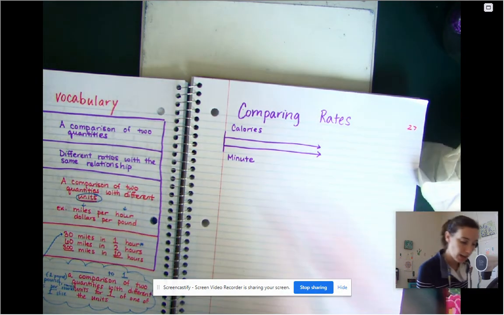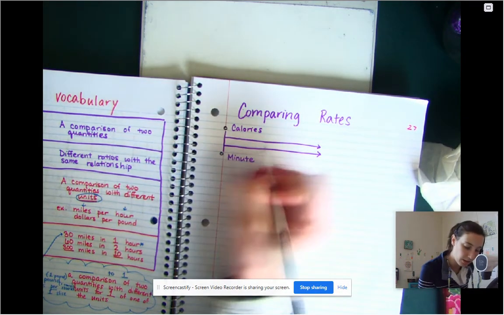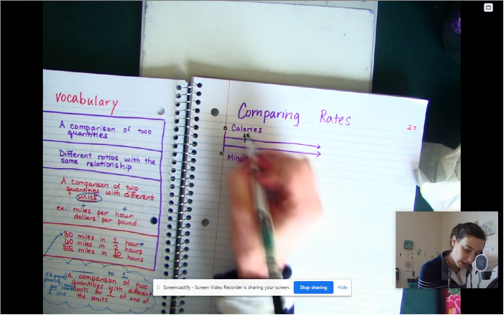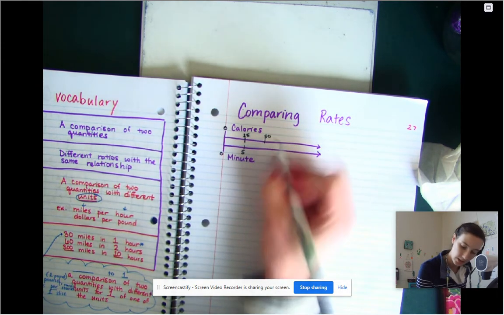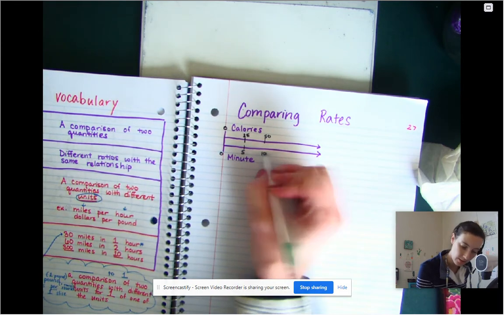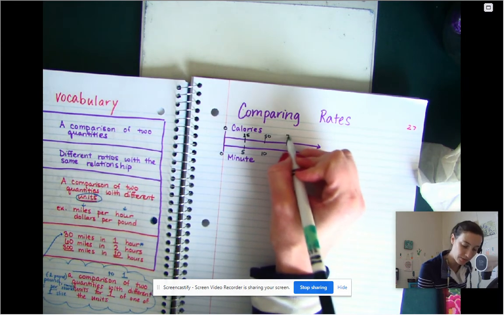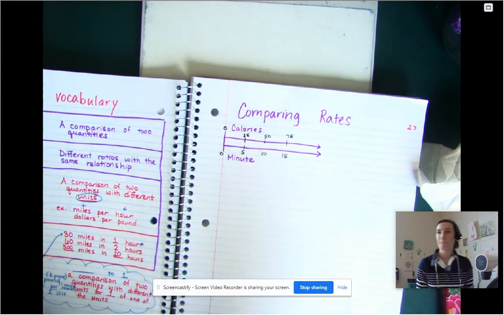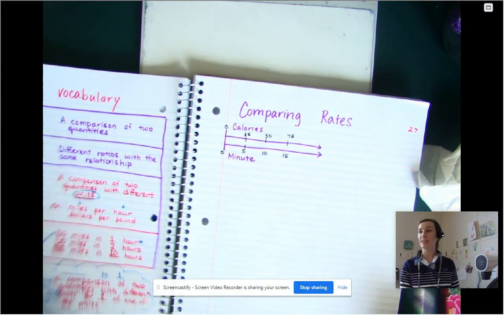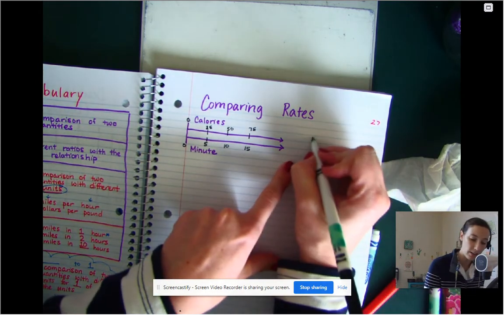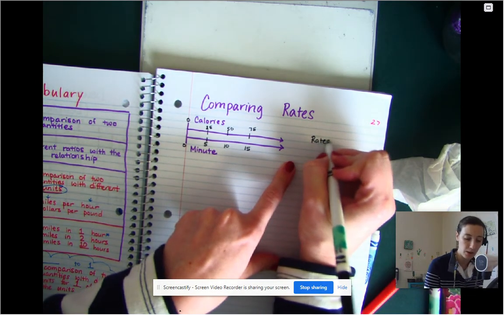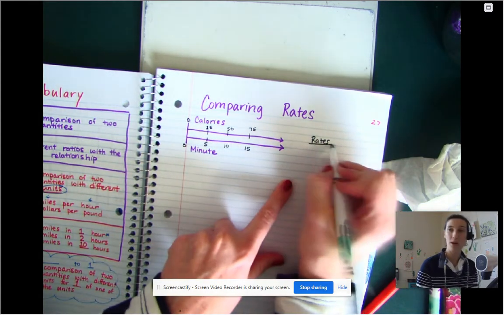And we have 0 to 0, 25 to 5, 50 to 10. We'll do one more, 75 to 15. So it asks us to write a rate that represents that situation. So we can write a lot of different rates. We'll write 3, 4 based on what we see.